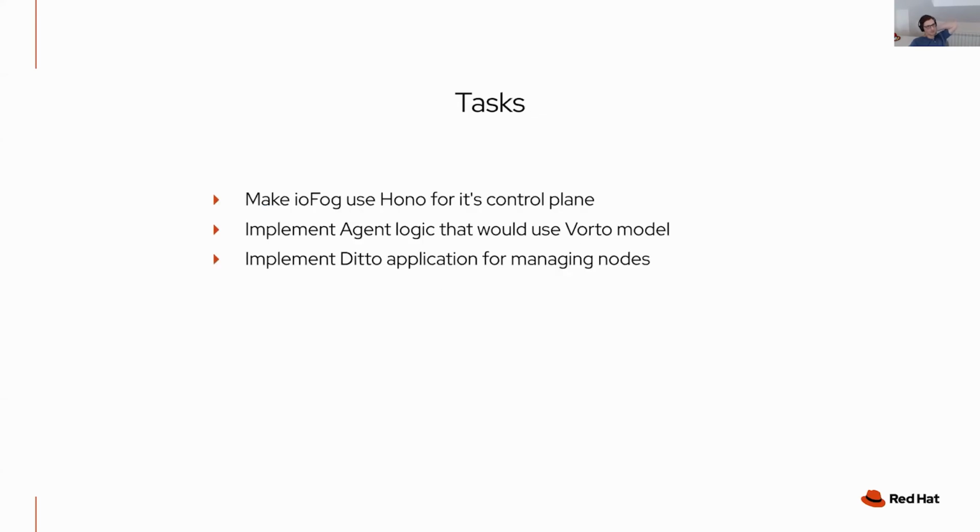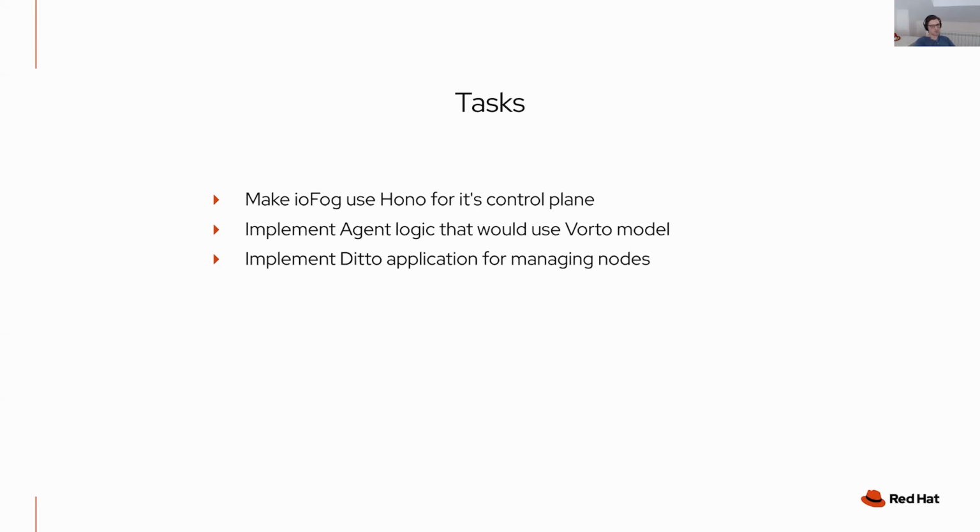So this is just a first step, and this is the ongoing process and call for action for the community. And some of the tasks that are being done at the moment and planned are to switch the ioFog control plane, data plane communication to Skupper.